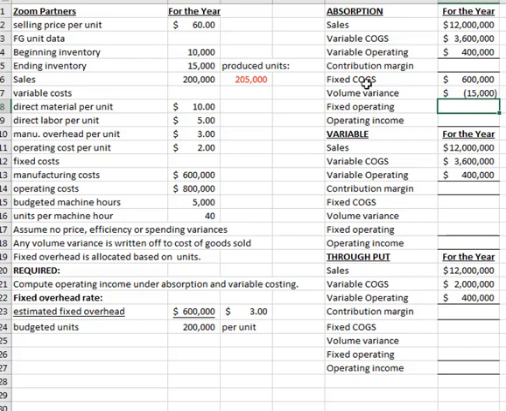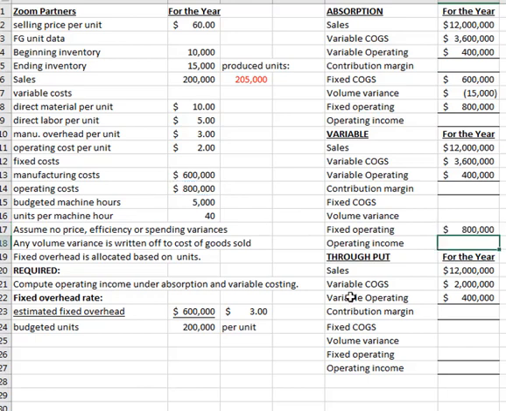But notice, since we're not grouping the parts that belong to cost of goods sold together in a traditional format income statement, they're kind of all in these different spots. But if you were doing a traditional sales minus cost of goods sold equal gross profit, the variable cost of goods sold, the fixed cost of goods sold, and the volume variance would all be netted together as the adjusted cost of goods sold. Okay, and then the fixed operating will be the same under all the methods.